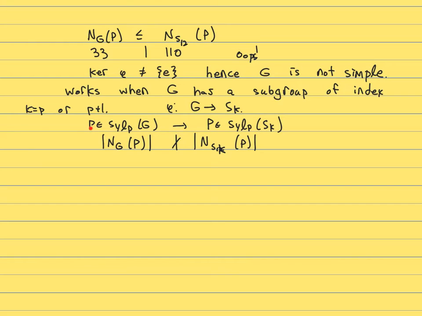Because the index in S_K of this normalizer is easy to calculate because it's just the number of Sylow P subgroups in S_K. And if P has exponent 1, a P subgroup has order exactly P.